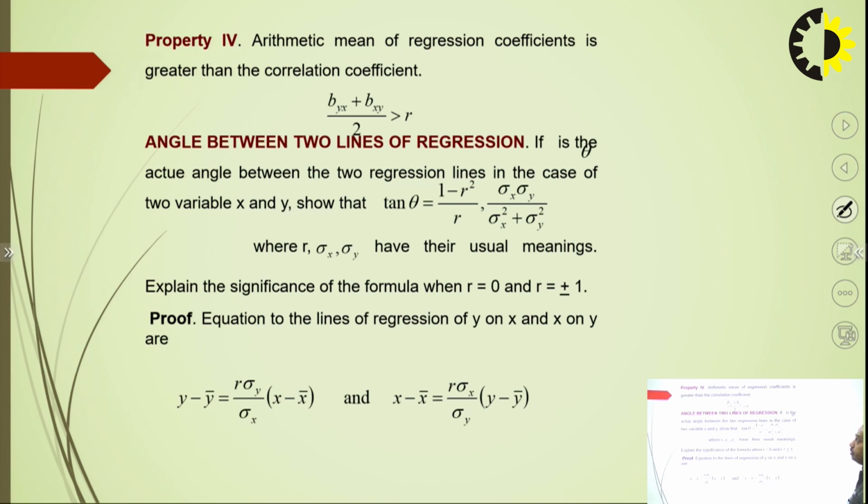Another property: the arithmetic mean of the regression coefficients is greater than the correlation coefficient. That means byx is the regression coefficient of y on x, bxy is the regression coefficient of x on y, and the arithmetic mean of both, byx plus bxy divided by 2, is always greater than r.